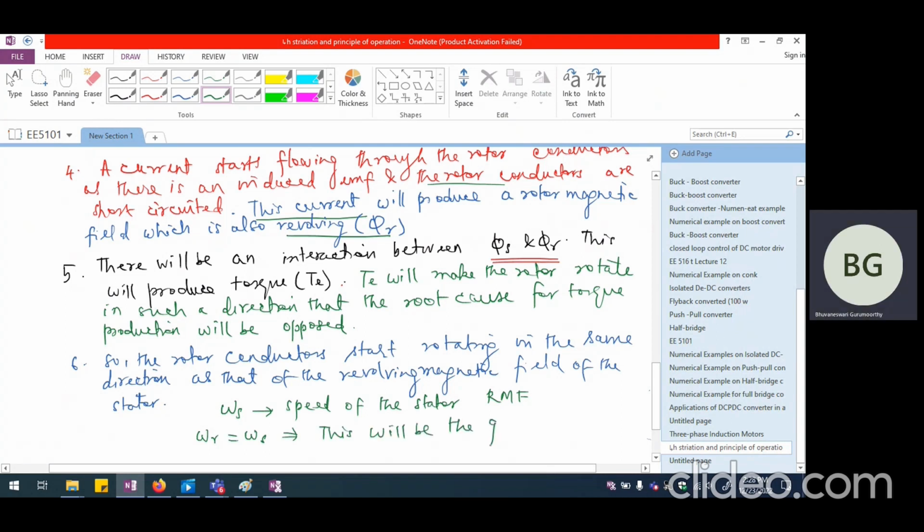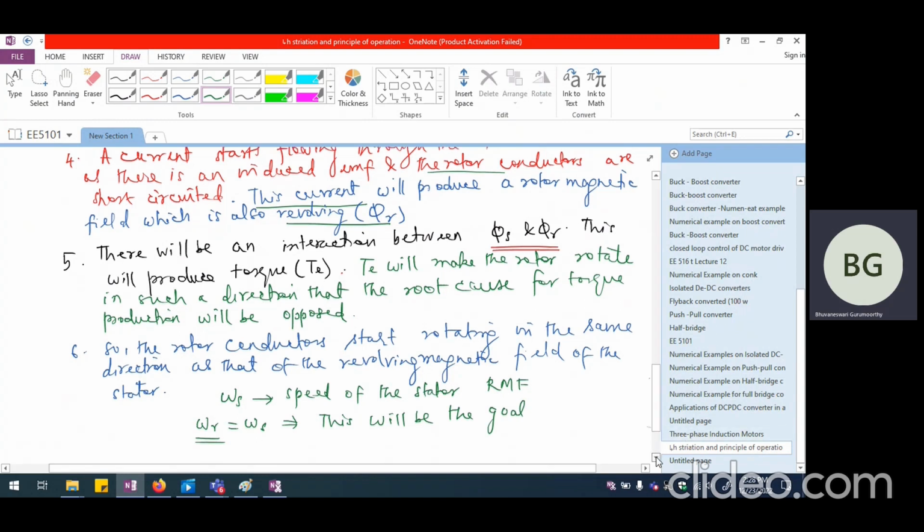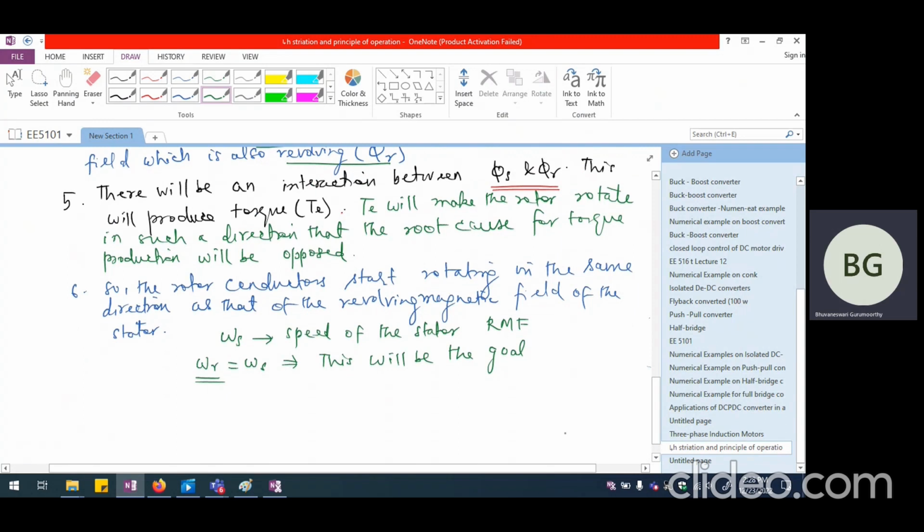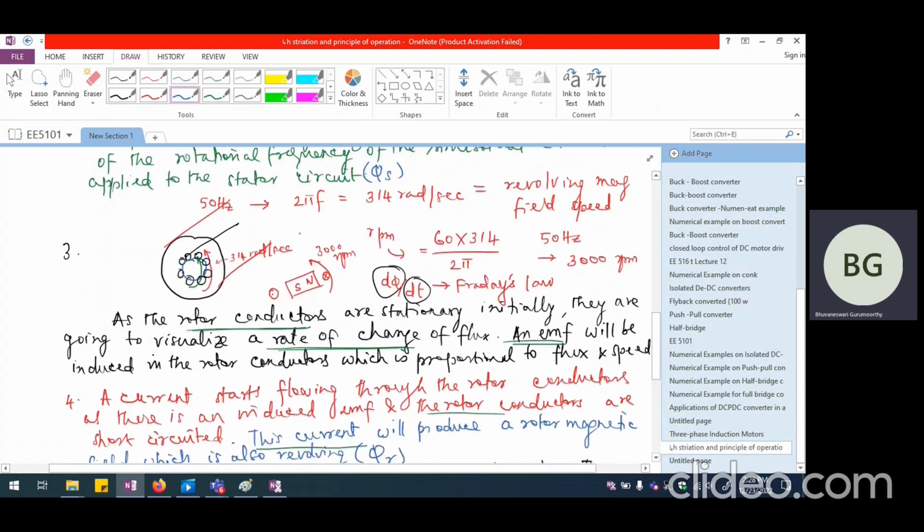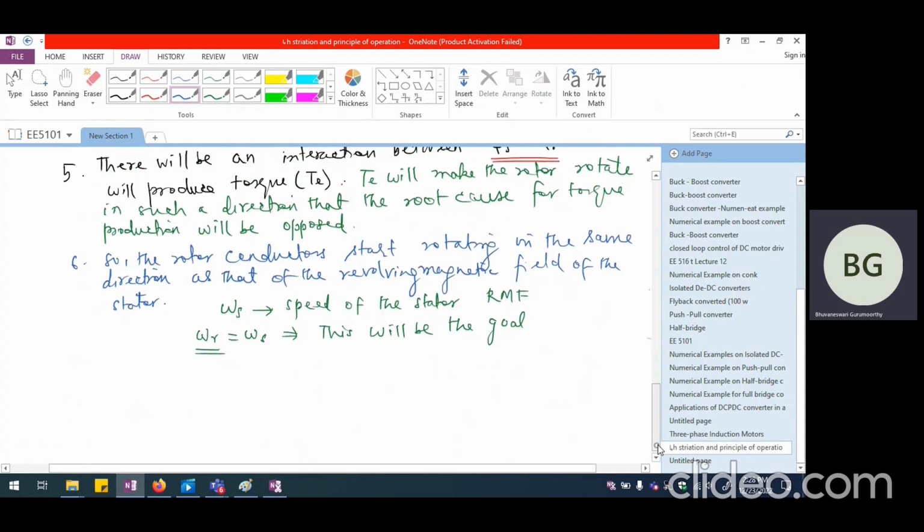But the moment it reaches the value of omega s, then there is no relative velocity between the stator revolving magnetic field and rotor conductors. So the rotor conductors will not see any rate of change of flux like what we had been seeing earlier. So there will not be any induced EMF. There will not be any current. If there is no rotor current, there is no rotor flux, then the torque will actually become zero.